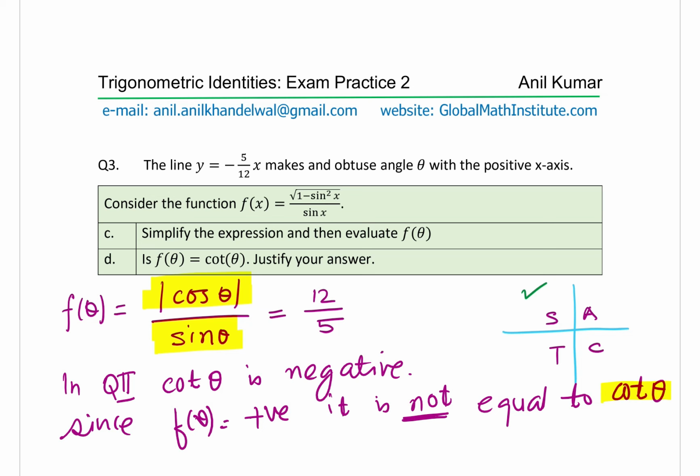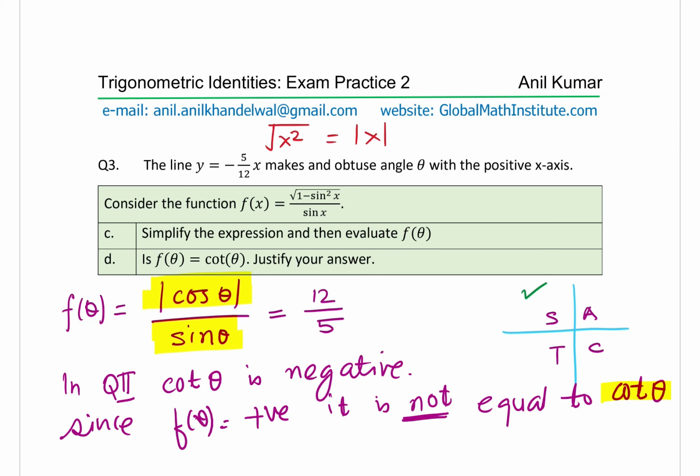So let me summarize the concept learned here: square root of x squared is absolute value of x, not just x. Perfect.